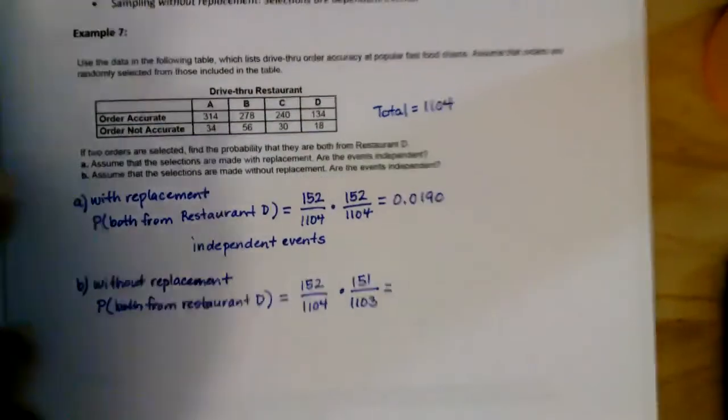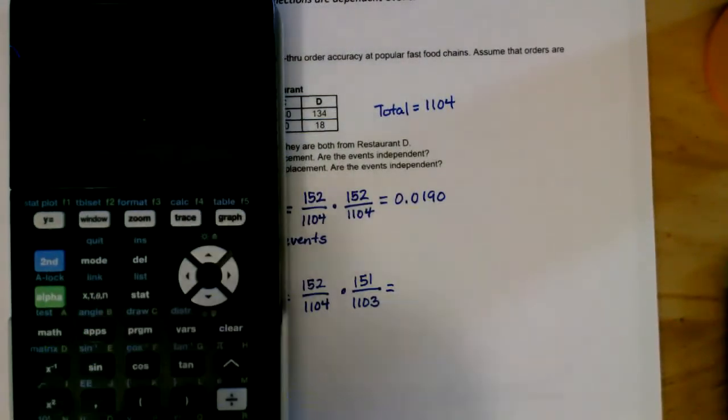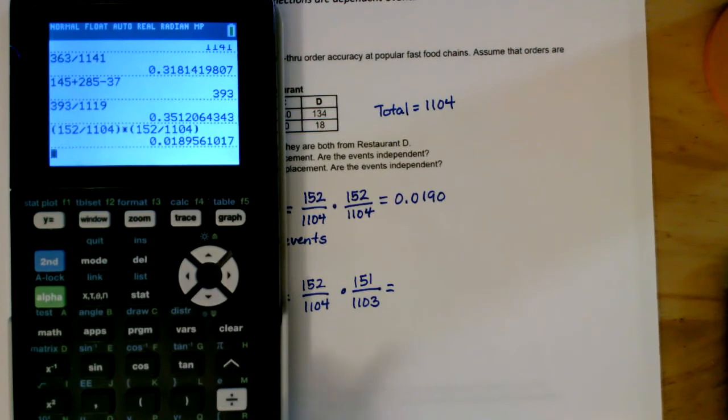Now, to 3 decimal places. Here's how we enter this in the calculator. We can do left parentheses 152 divided by 1104, close parentheses, times open parentheses, this time 151 divided by 1103, close parentheses.